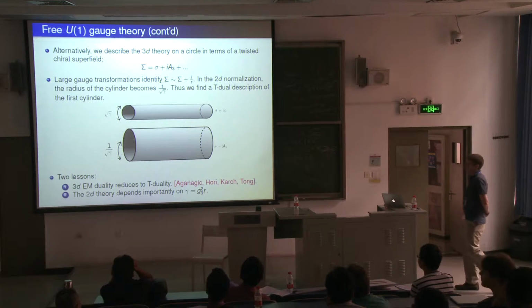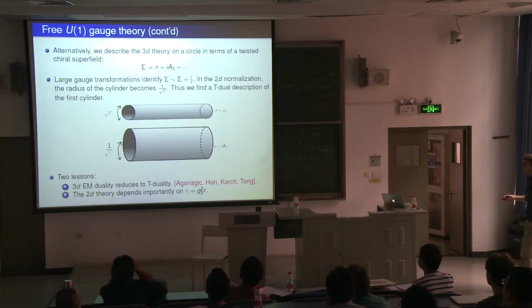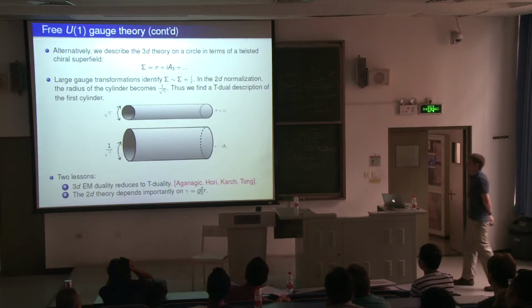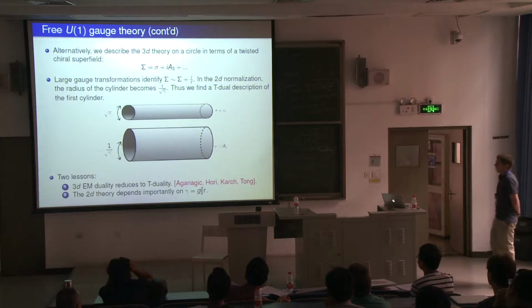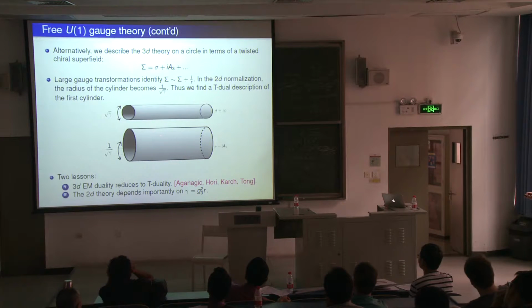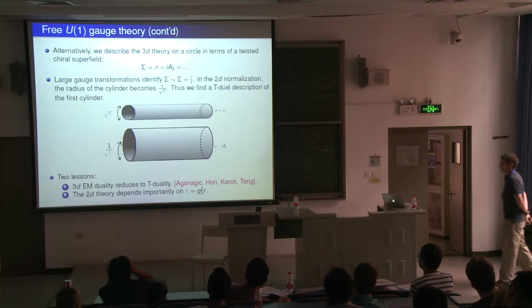And so there are 2 lessons that I want to take from this example. First of all, that 3D electromagnetic duality is reducing to T-duality. So these 2 descriptions are T-dual, and this was already shown by Aganagic et al. And maybe more importantly, these 2D theories we obtain depend in a crucial way on this parameter gamma. So gamma is a modulus of this CFT, and it has a very important effect.